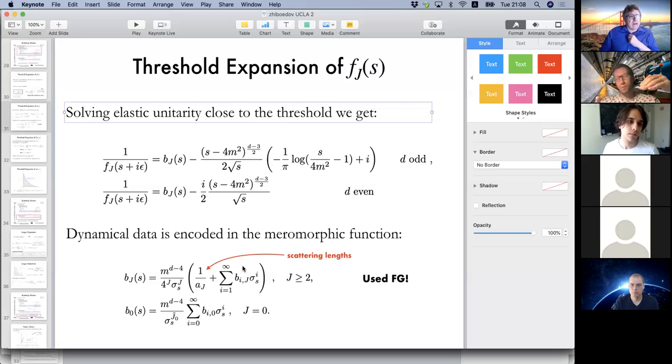However, you probably can reverse the logic and play the bootstrap game where you try to maximize some of these coefficients. In what I was doing, I was not doing that, but I think that should be part of the game, at least for these particular ones, the scattering lengths. This is what people already did without implementing elastic unitarity.